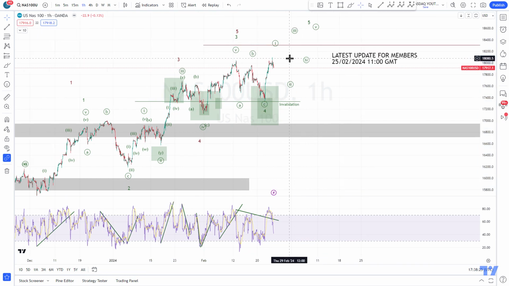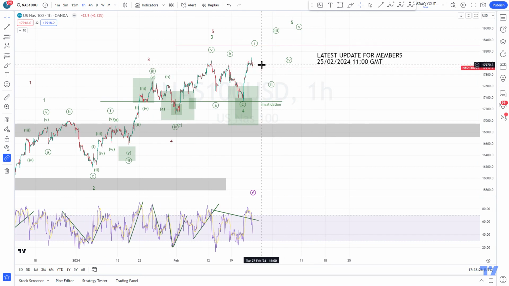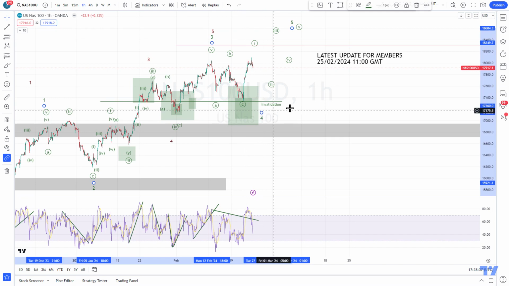Now, at the same time, there might be something tricky right here. What could happen is, for now, I'm showing this as a wave 4 low, but we could still have an expanded flat or running flat as a wave 4. And so that would mean that we are still working on the correction.